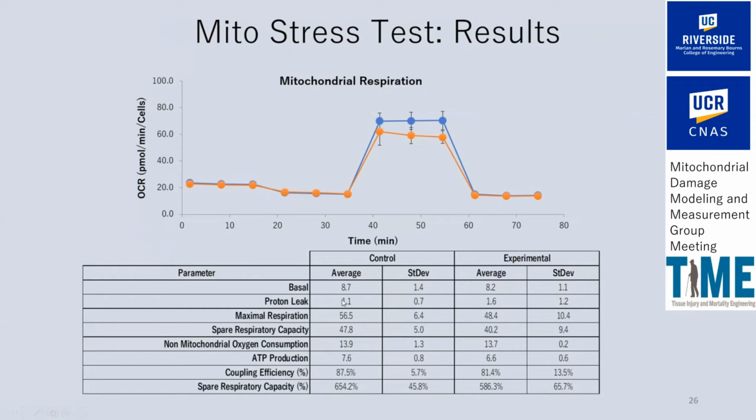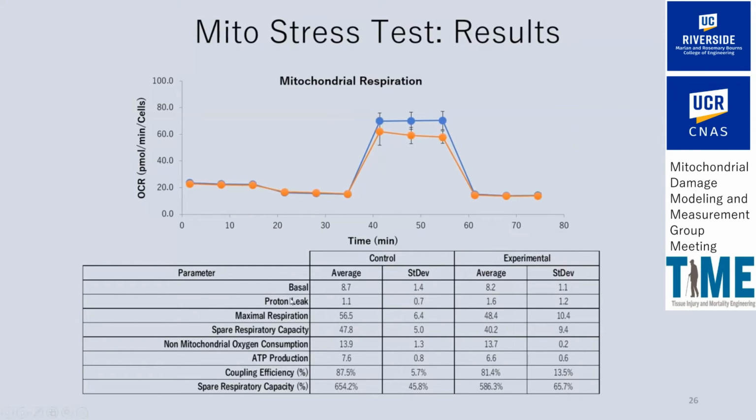All of these readings are in picomoles of oxygen consumed per minute per whatever normalization factor you have. So, like I said, if you're doing per 10,000 cells, which is what we do, a lot of people do per 10,000 cells, then that's what this data is going to give you.